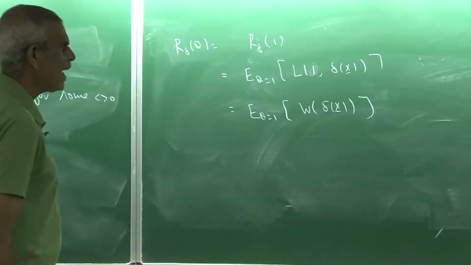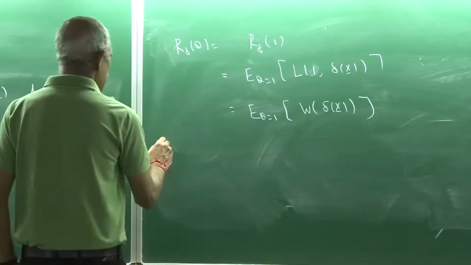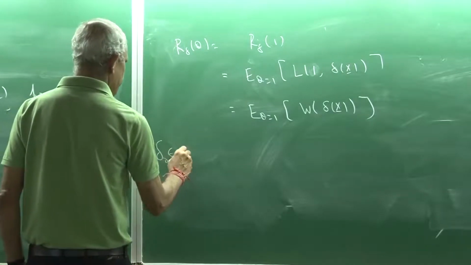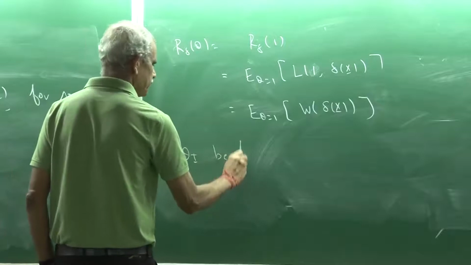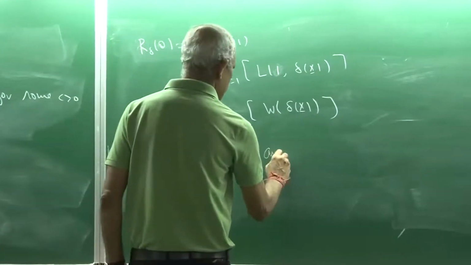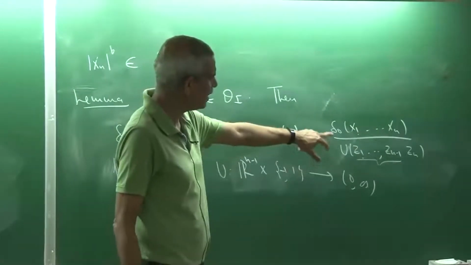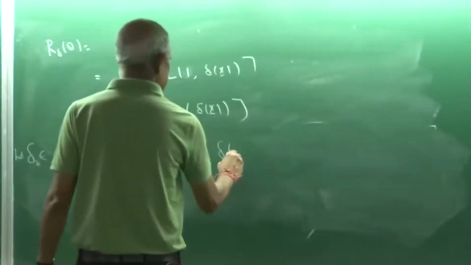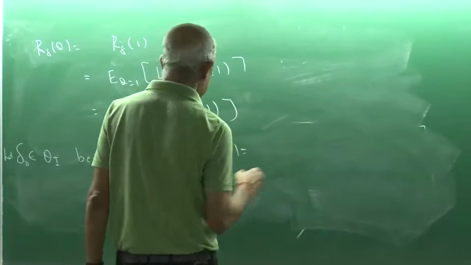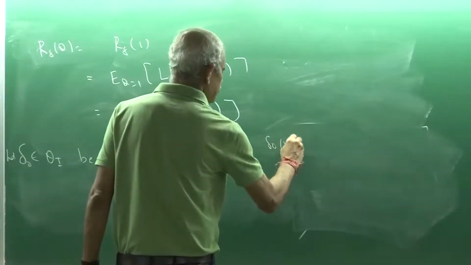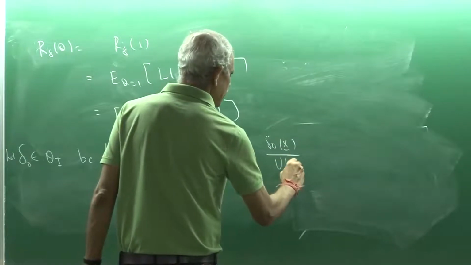So if I look at, let delta naught belonging to di be fixed and let delta be any other estimator which is invariant, then it would be of the type this, and delta is any another invariant estimator. That means delta is of the type delta naught of x of u of z.